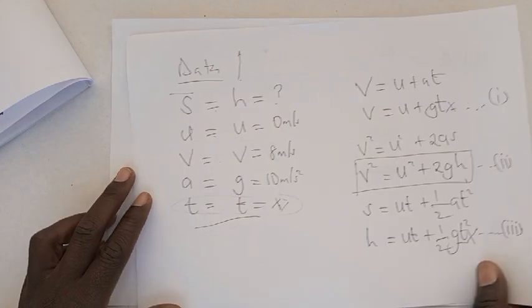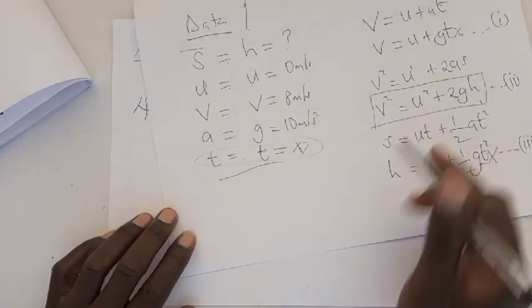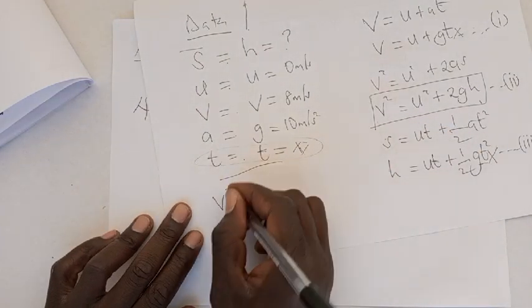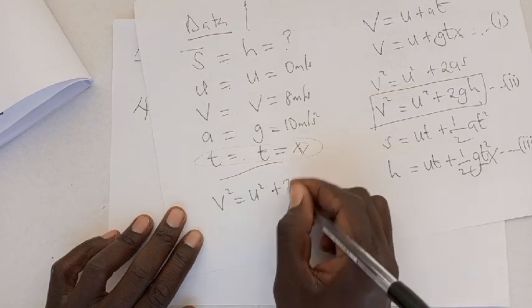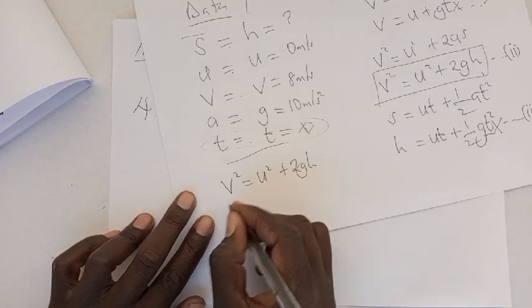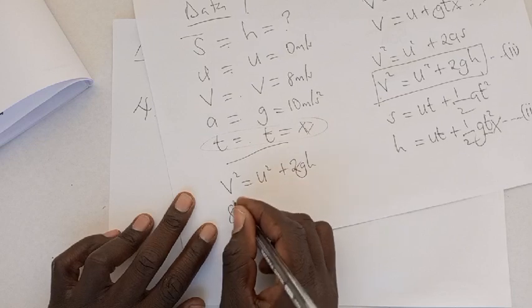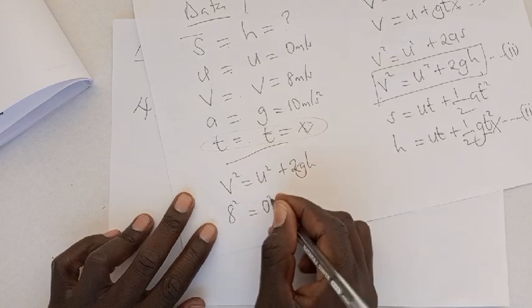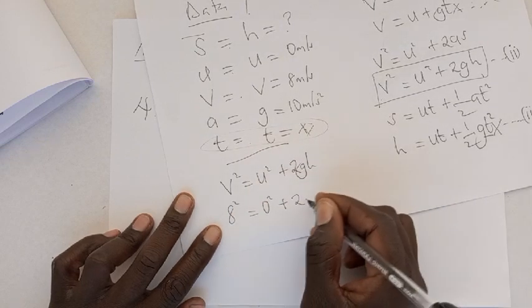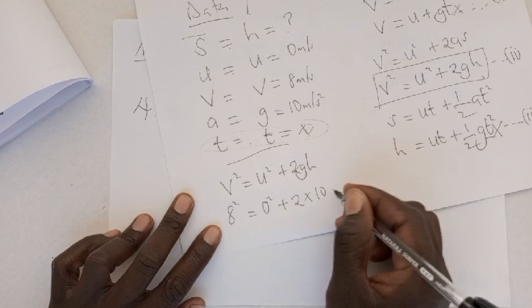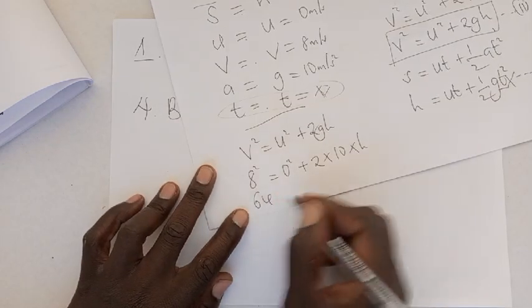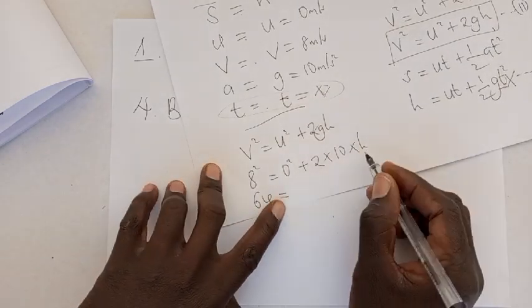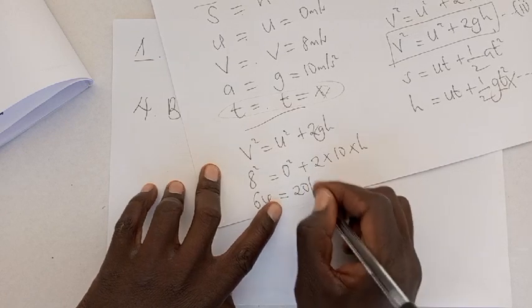So how do we go about this one? We pick this equation, we say v squared is equal to u squared plus 2gh. We have 8 squared, 0 squared plus 2 times g, which is 10, times h. So when we do the math, we're going to have 64 is equal to 20h.